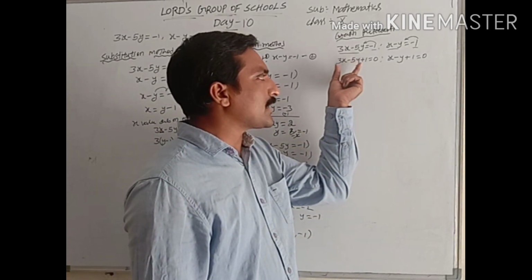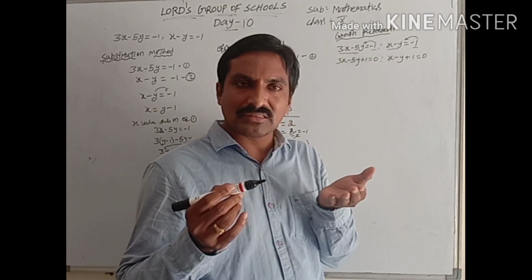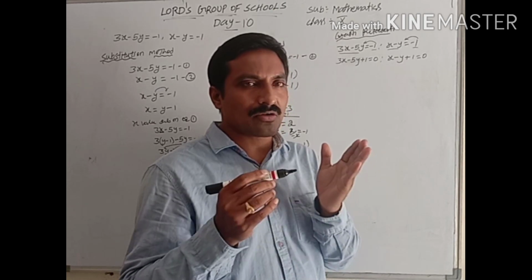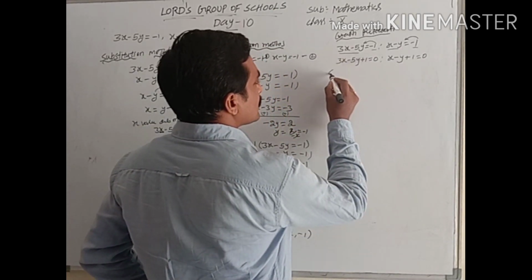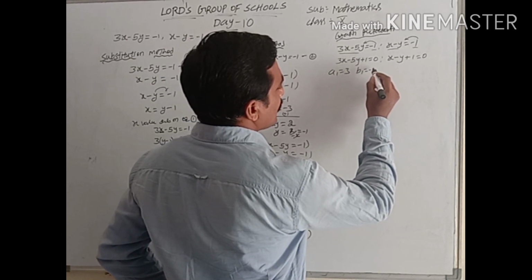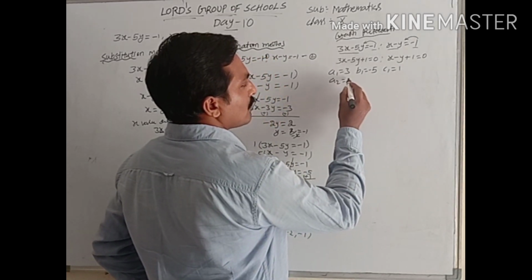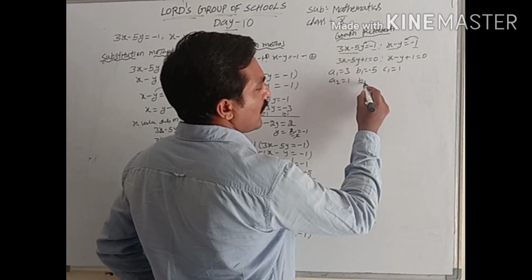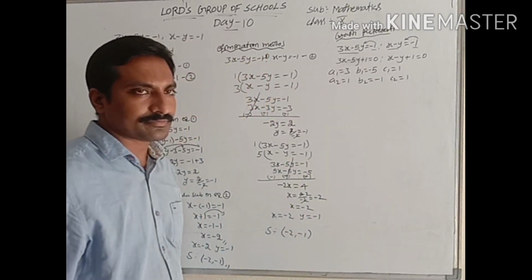Now you have to take the two equations. From the first equation, a1, b1, c1. The second equation, you have to say a2, b2, c2. Now we'll write a1 value 3, b1 value minus 5, c1 value 1. Next, a2 value 1, b2 value minus 1, c2 value 1.